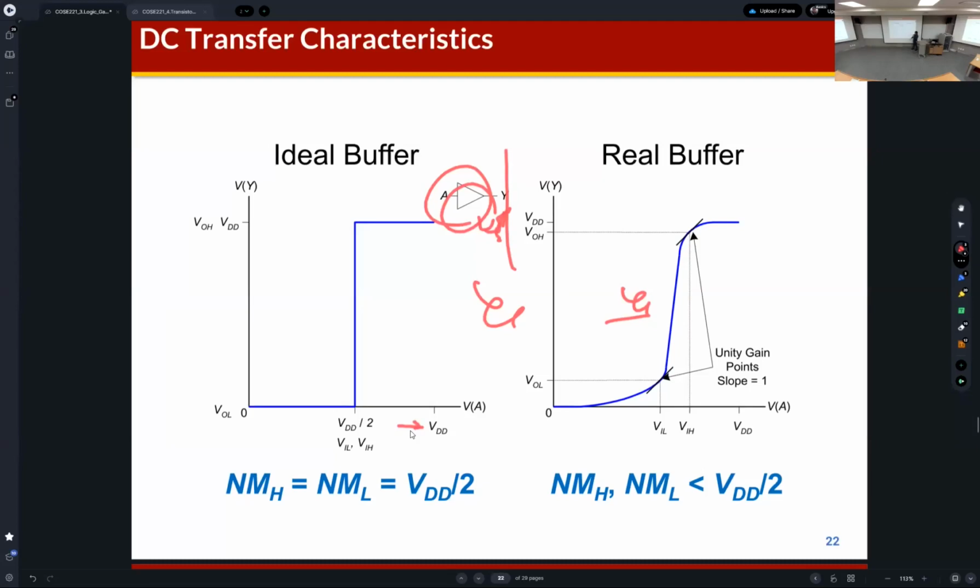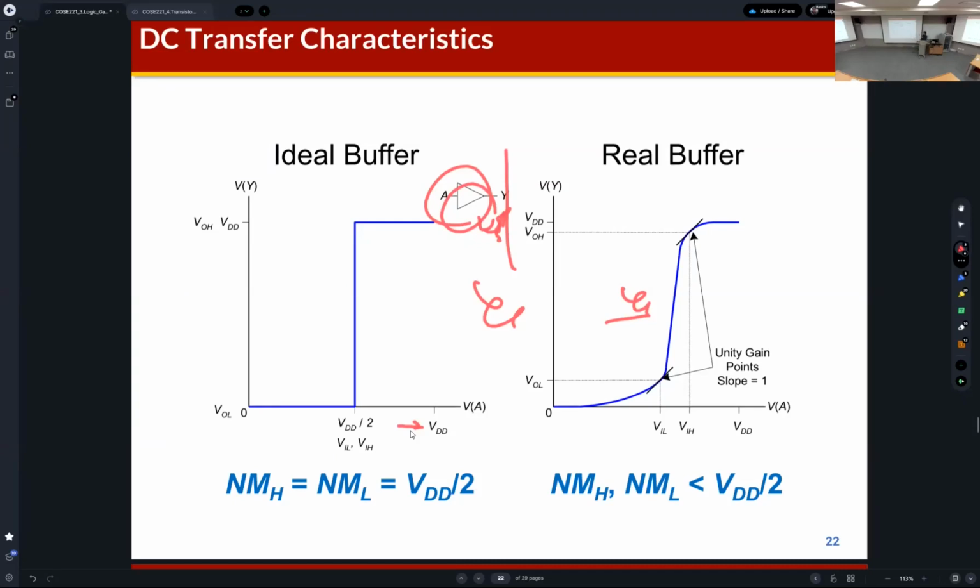After this VIL, the output signal increases dramatically, but linearly. In the ideal buffer graph, this transition is orthogonal to the x-axis, but here the output voltage level increases linearly, it's not orthogonal to the x-axis.